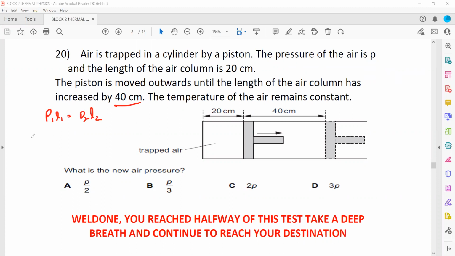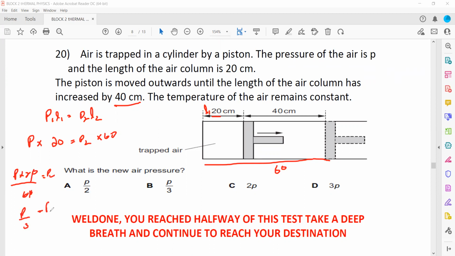P1 is the first pressure P, L1 is the first length, which is 20. P2 we don't know. And what about the new length? The change in the length is 40, so the new length is 60, because originally it was 20 and changed by 40. So this is 60. When we simplify, P will multiply by 20 divided by 60. Further simplified, it will be P by 3. So B will be the right answer.